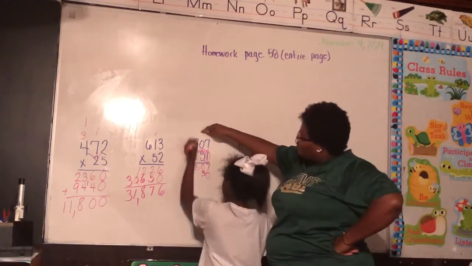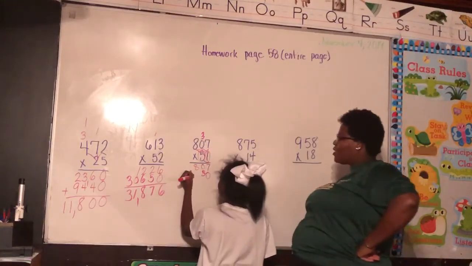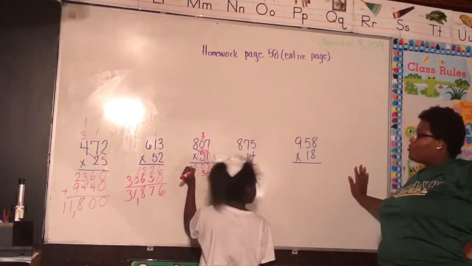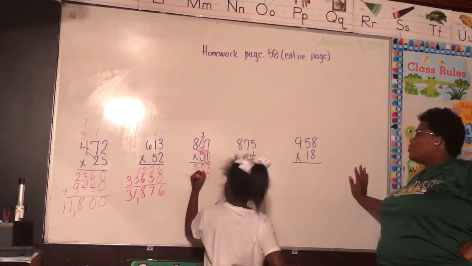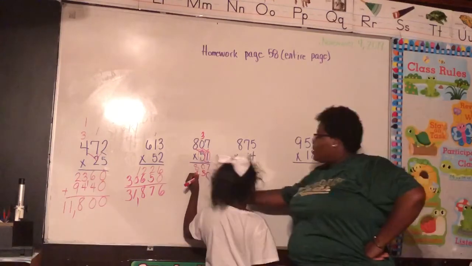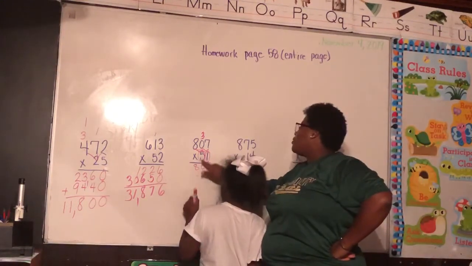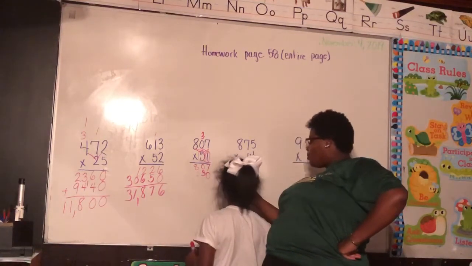Put your 3 right here. That's your next number. You do 5 times 0 next, right? So, plus 5 times 0 is 0. Plus 3 more is, listen, 5 times 0 is 0. Plus 3 more is 3.